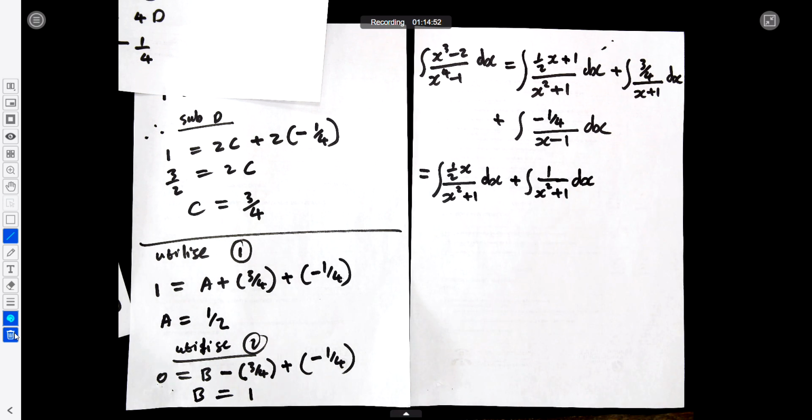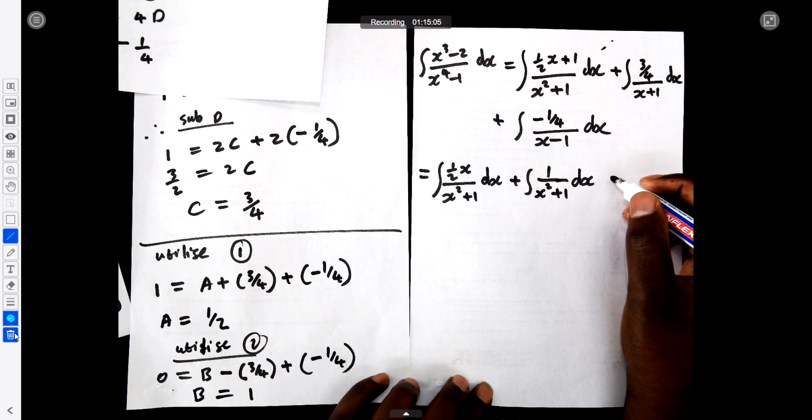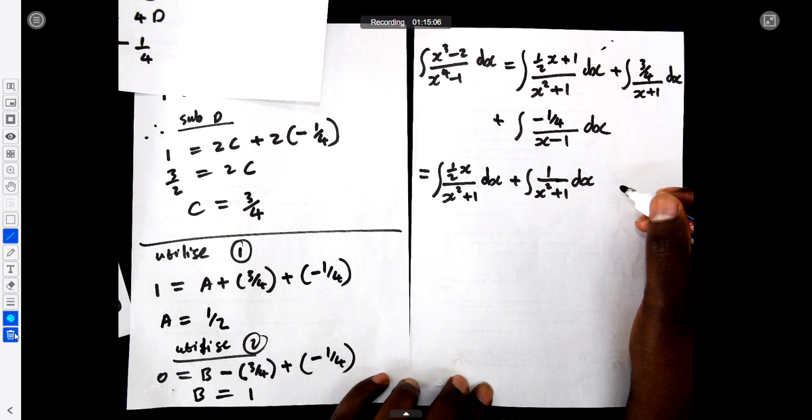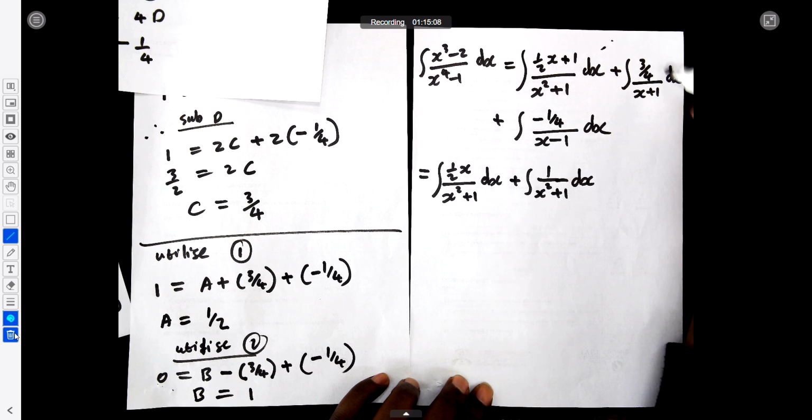So we have split it into two fractions, and from that, the other ones we can integrate, isn't it?